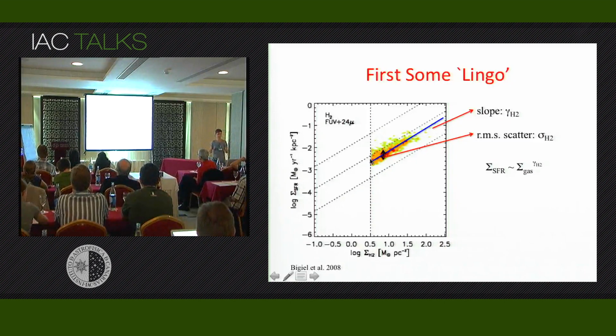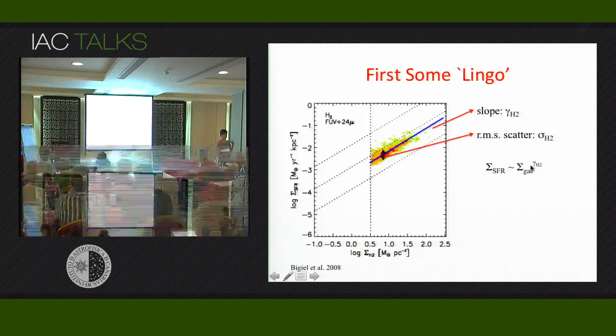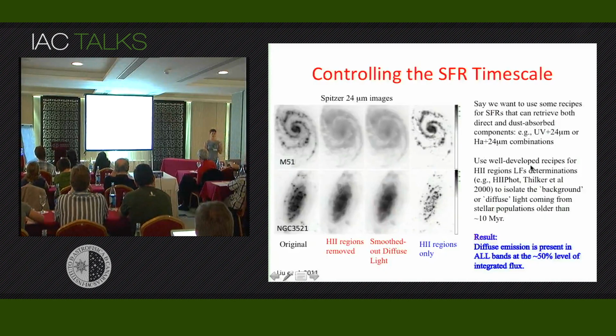From now on, the best fit slope drawn through this plot will be called gamma H2, and the spread of the data points, the root mean square scatter, will be called sigma H2. And so the so-called scaling law of star formation will have the form sigma SFR goes as sigma gas, in this case sigma H2, to the gamma H2.